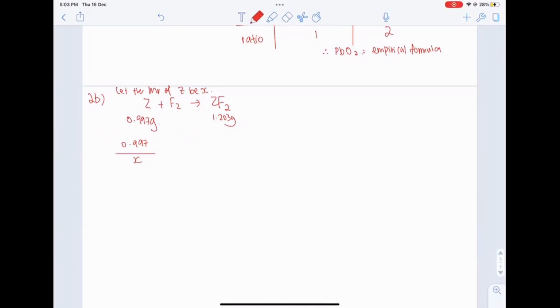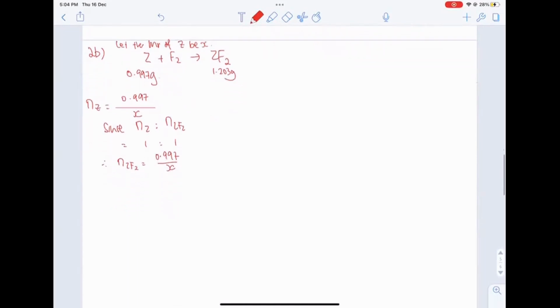Sorry, let me make a little bit of change. Number of moles of Z equals this. Since the mole ratio of Z to ZF2 is 1:1, therefore the number of moles of ZF2 equals 0.997 over X as well, correct?